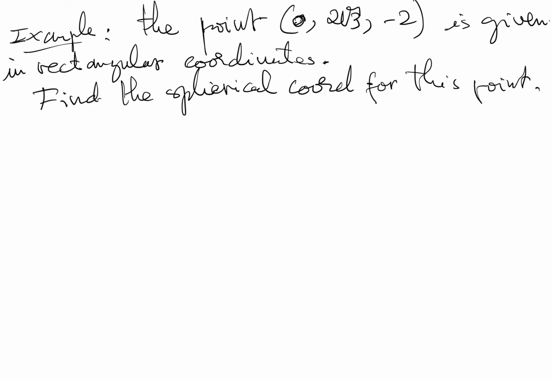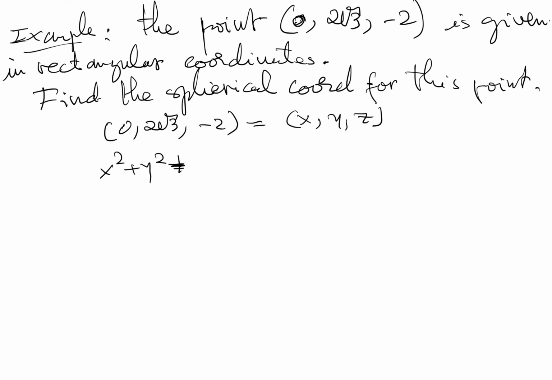Okay, so this one is given, and remember the 0, 2 square root of 3 and negative 2 are x, y, and z. And remember in the spherical coordinate, you have x squared plus y squared plus z squared is equal to rho squared.